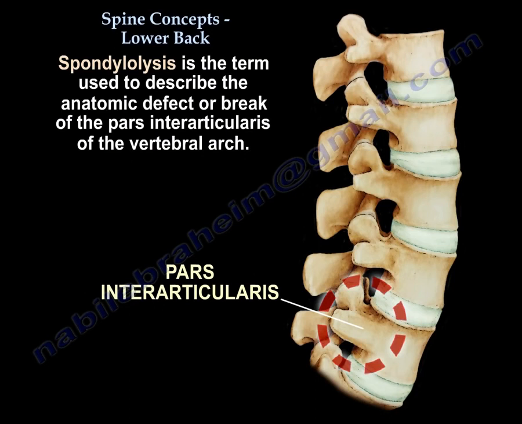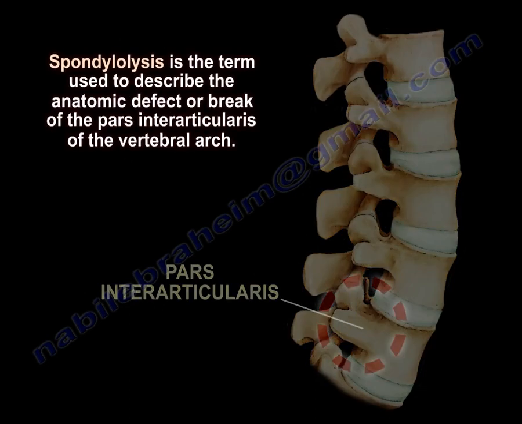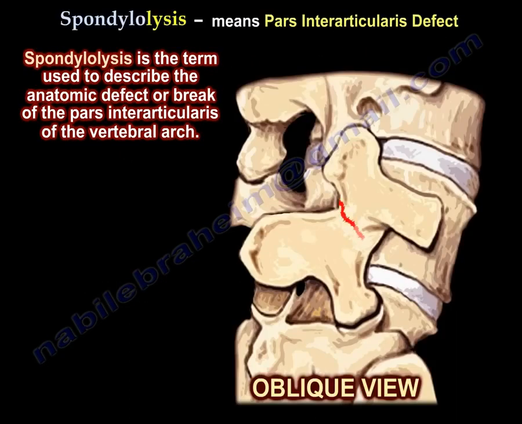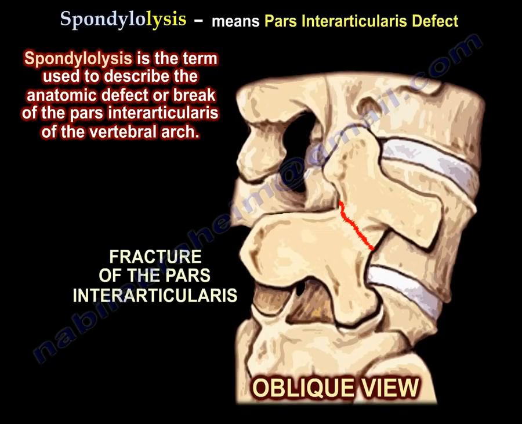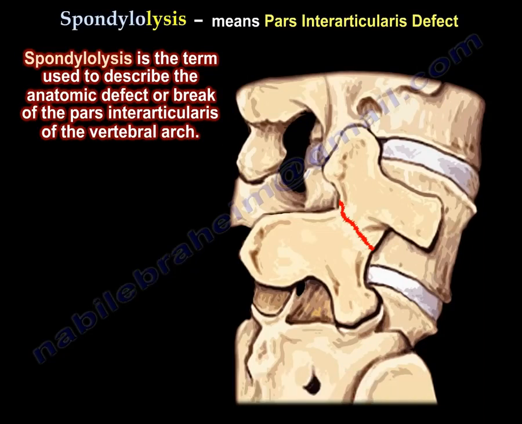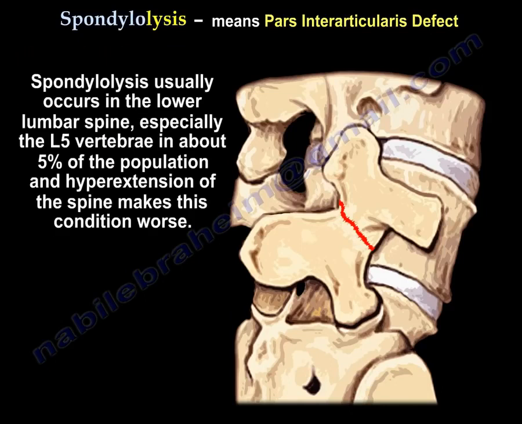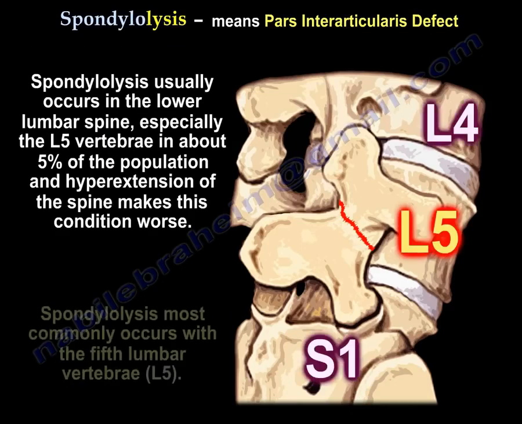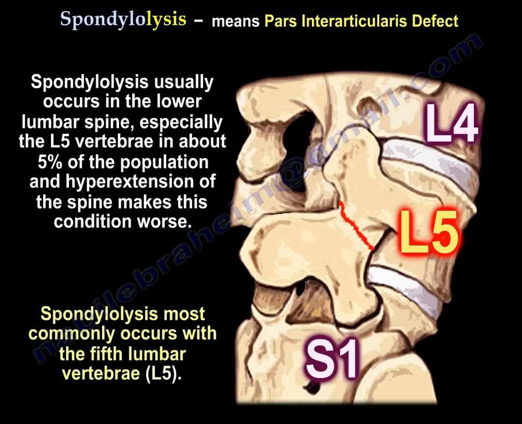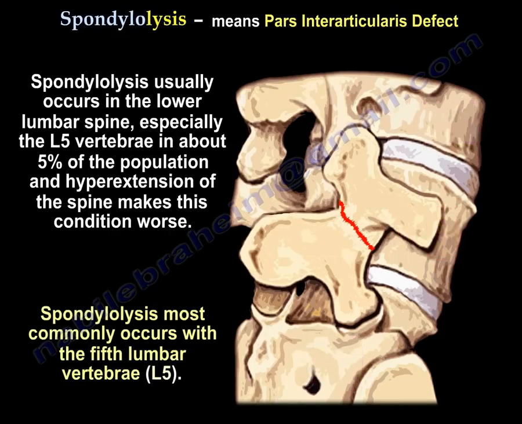Lysis, spondylolysis. Lysis means dissolve. It's an anatomic defect. It is a pars defect. Lysis occurs commonly in the fifth lumbar vertebra in about 5% of the population, and hyperextension makes it worse.